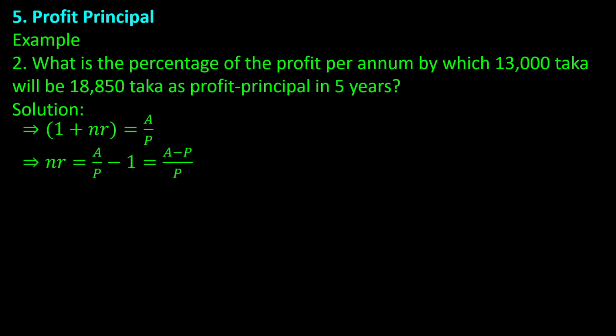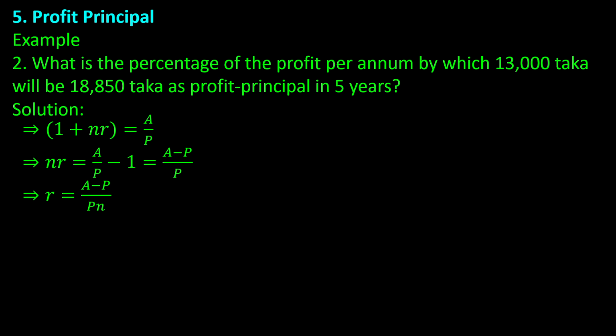Here I bring the P from the left side to the right side, then it becomes 1 plus NR equals A divided by P. So NR equals A divided by P minus 1, because I bring plus 1 from the left side to the right side, then it becomes minus 1.